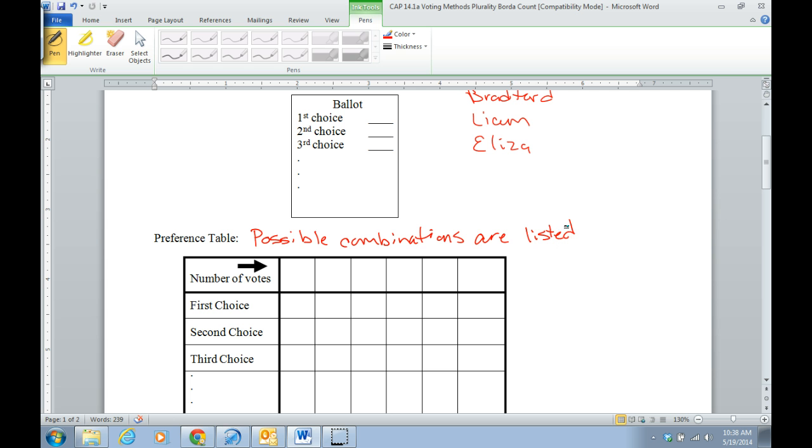Okay? So, we could have Bradford chosen first, Liam second, and Eliza third. What's another possible combination here? We could have Liam first, Bradford second, Eliza third. We could have Eliza first, Liam second, Bradford third.